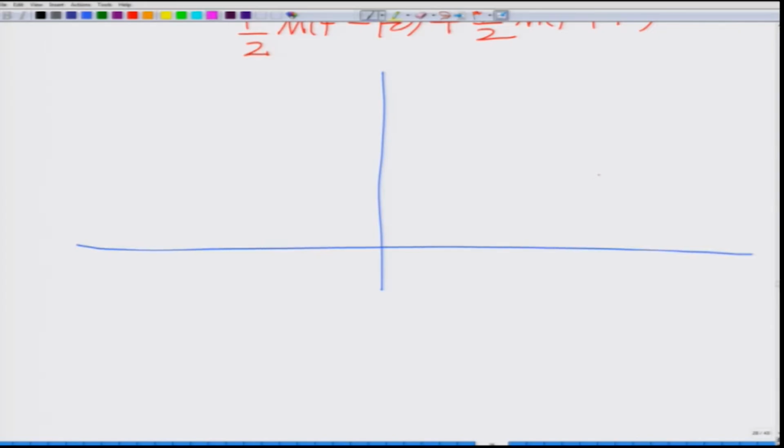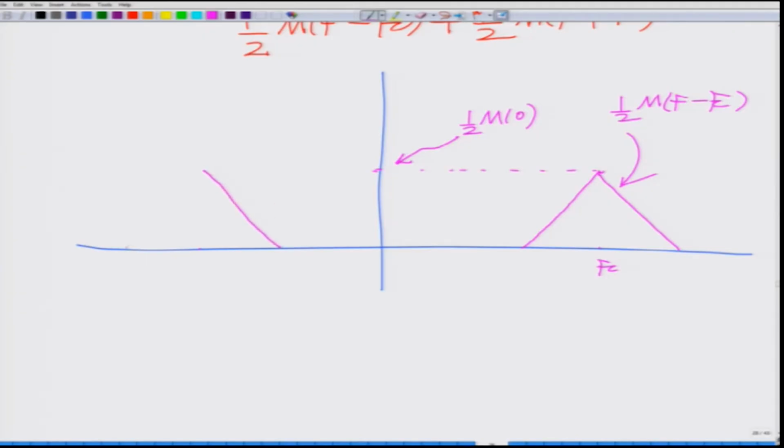First shift M(f) to fc and scale it by a factor of half. So, this height here is going to be half of M0. And if you look symmetrically on this side, you will have your half M(f plus fc), that is shifted to minus fc.